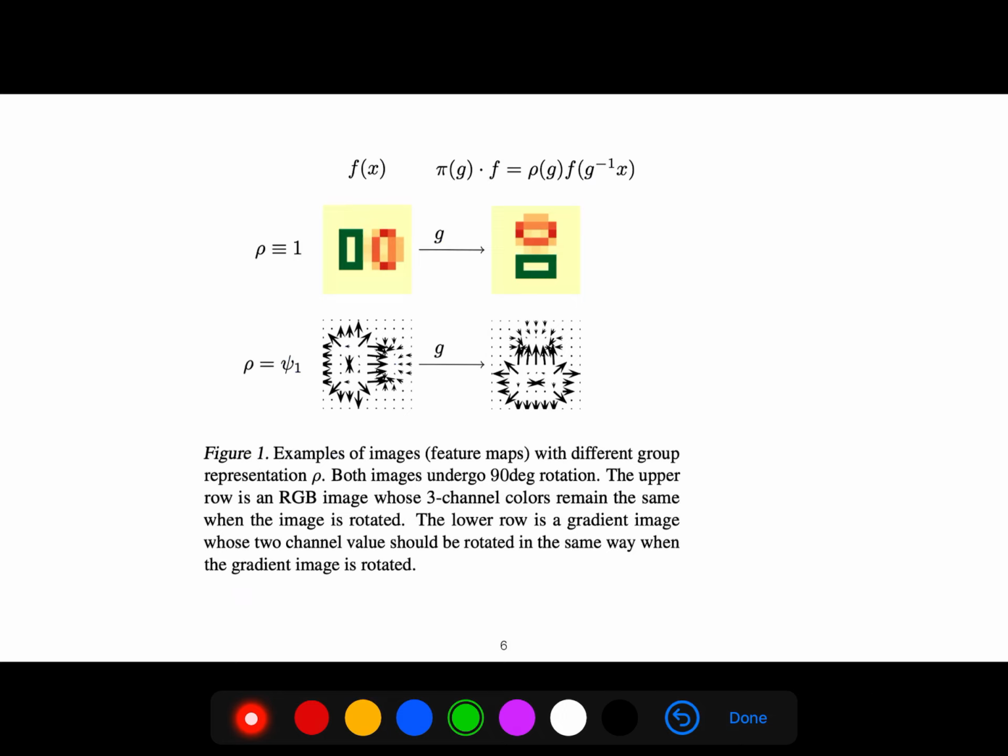So you see examples of images with different group representations.